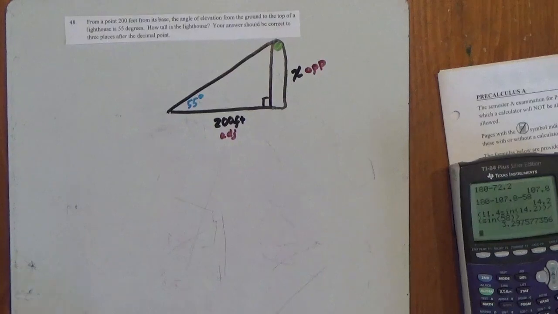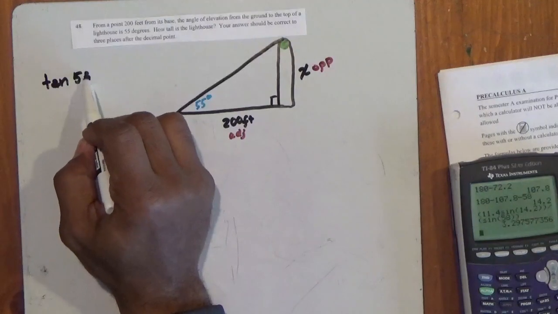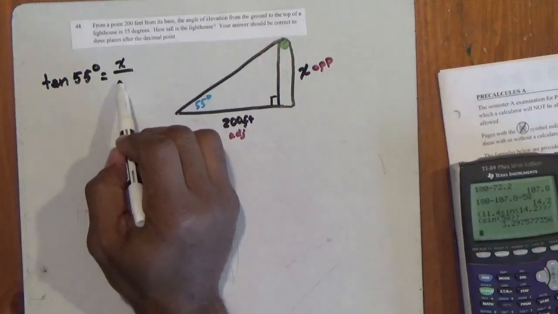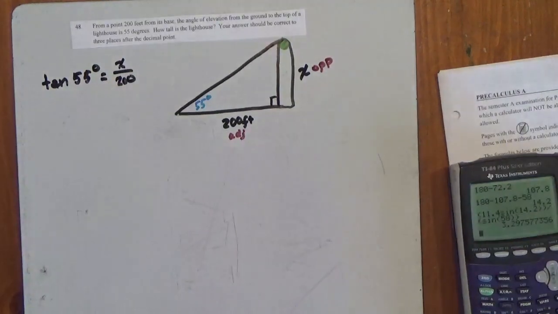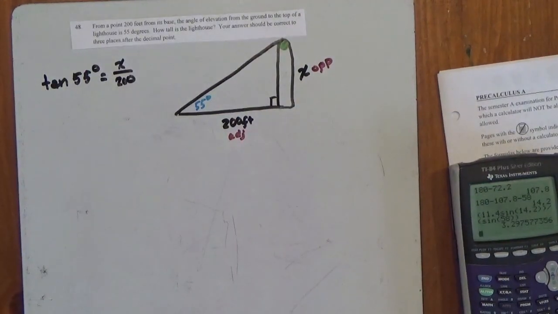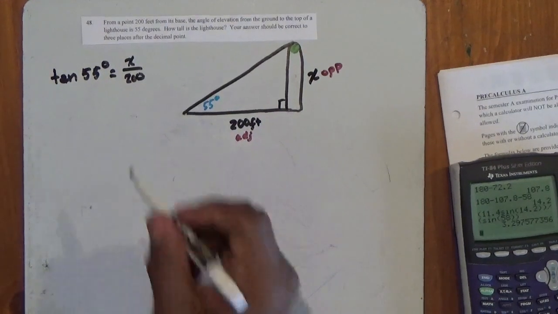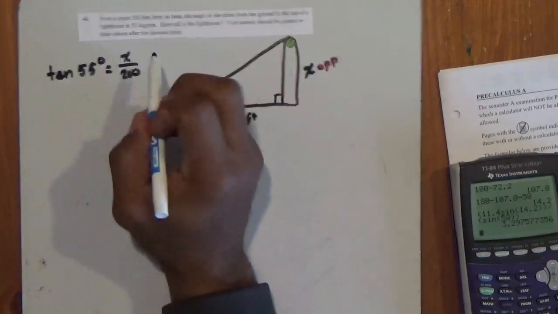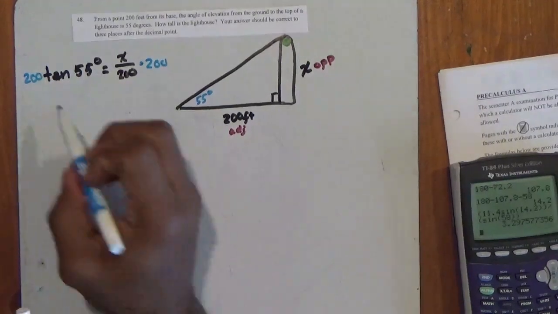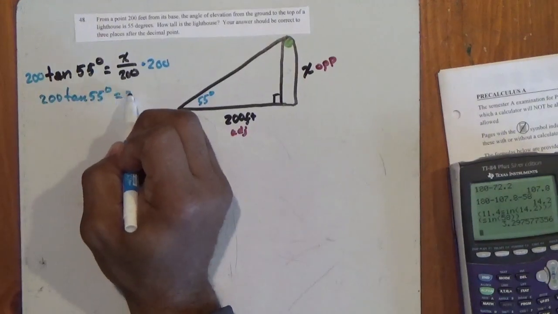So we're going to say tan 55 degrees is equal to opposite, x, over adjacent, 200. We're going to solve for that x, and that'll tell us the height of the lighthouse. We start by multiplying both sides by 200, which gives us 200 tan 55 degrees is equal to x.